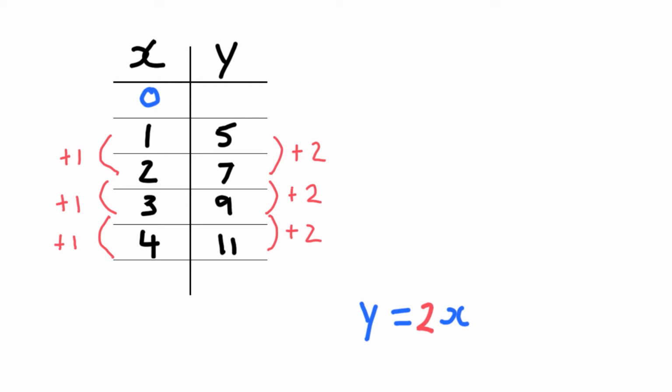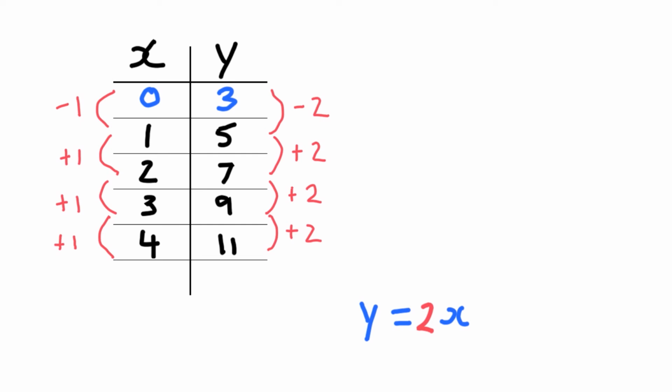So to go in the opposite direction from 1 to 0, I would be subtracting 1. Right? 1 minus 1 gets us to 0 because we're going the other way. So for the y values, if these are going up plus 2 each time, to find the previous y value, I would have to start at 5 and subtract 2. And 5 minus 2 is 3. And that makes sense because we're kind of going by 2s: 3, 5, 7, 9, 11, and so on.